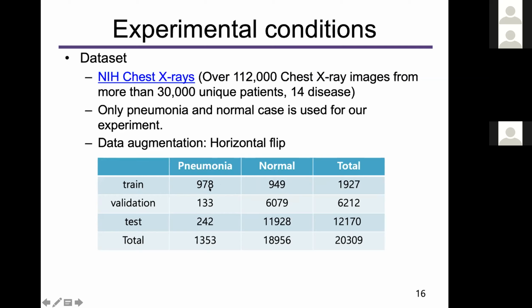So we think our model will return all normal to make a good loss. So we make a balance for the training data set, but for validation and test we don't have to. So we just sampled it randomly.